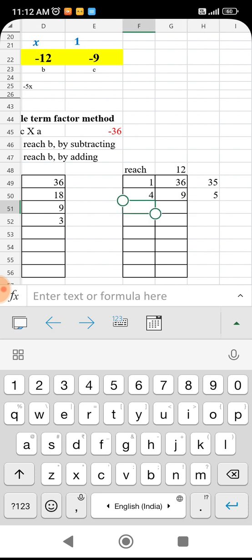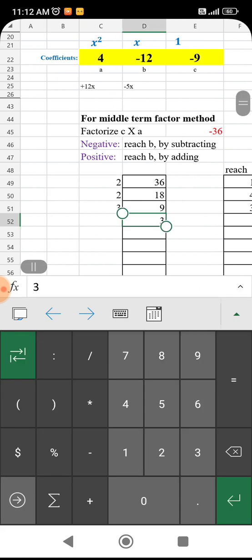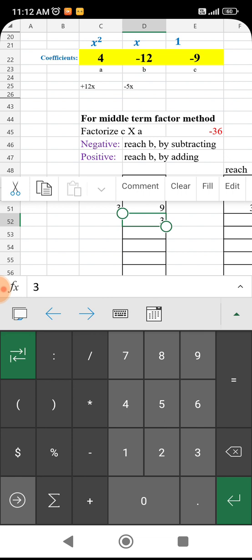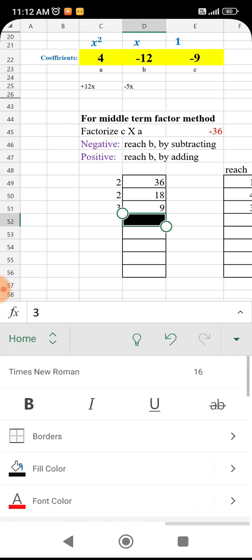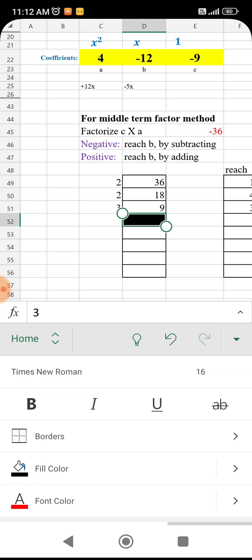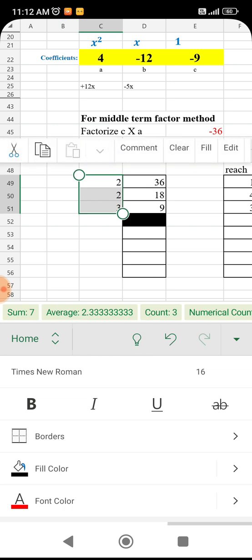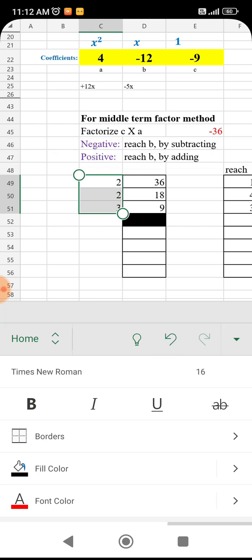Next, try for 3. If we take 3, I cover these 3. Which are remaining? Multiply these 3, 2 times 2 times 3 is 12. Now I am uncovering my hand.